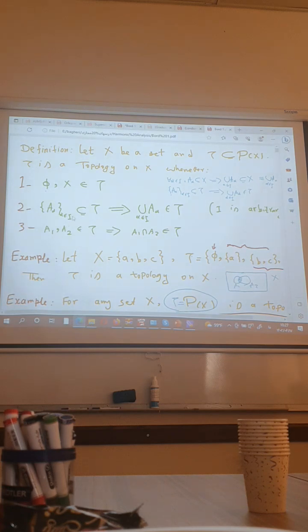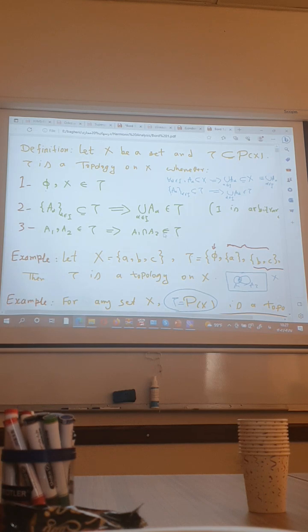If it is countable, we say sequence. This may be uncountable, any number of elements, arbitrary. If we have arbitrary elements in tau, this union must belong to tau. And three, for any two elements in tau, its intersection must belong to tau.